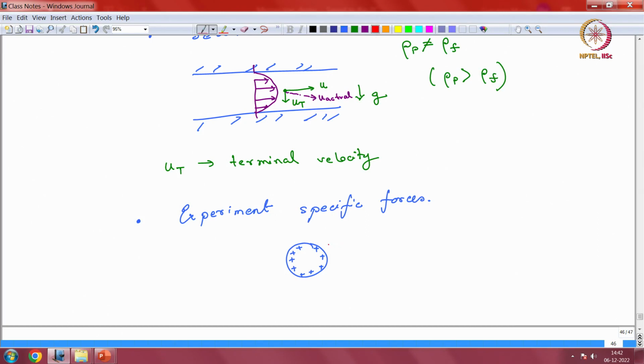So, let us say once this happens, then what will happen? To preserve electrical neutrality, you will have negative ions preferentially gather around the particle. Okay. There will obviously be positive particles also, but negative particles will gather preferentially.